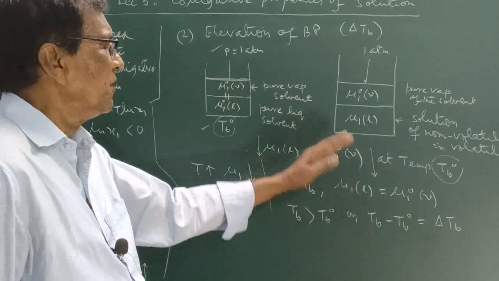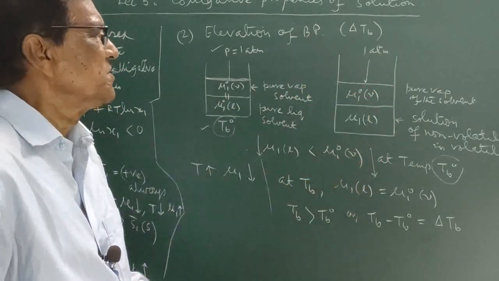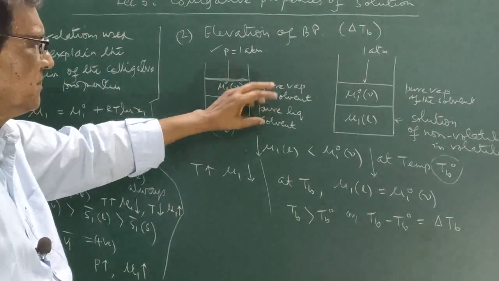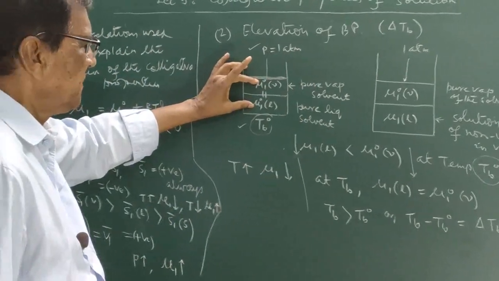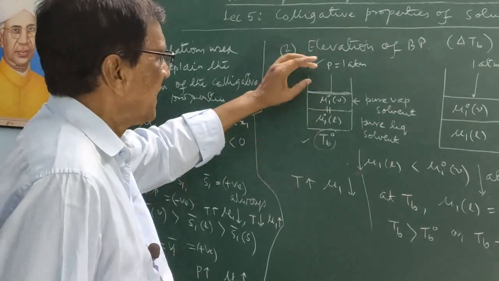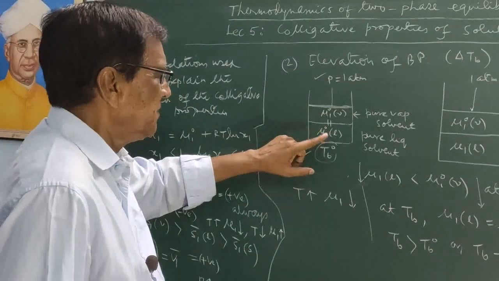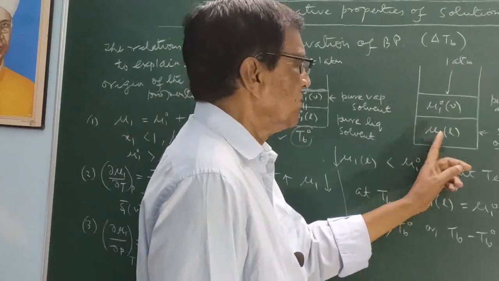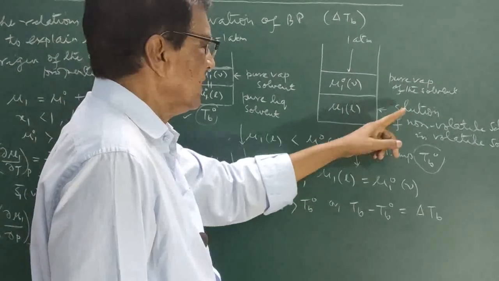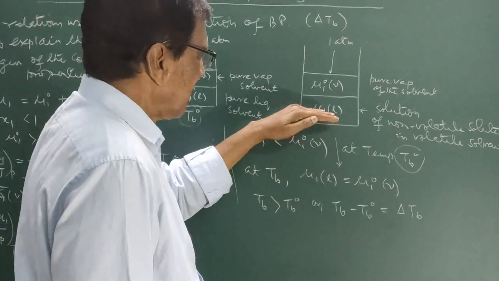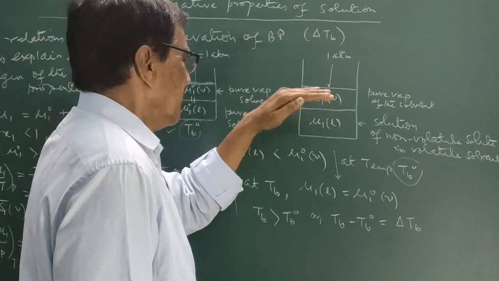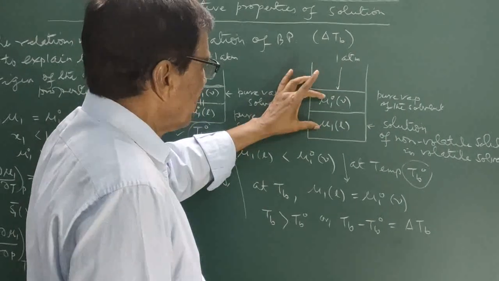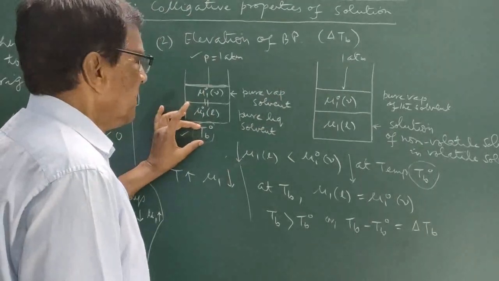So the elevation of boiling point of the solutions can be explained on the basis of the chemical potential. When the pure solvent is considered, these two are the same at this pressure of 1 atmosphere and temperature TB naught, and this is the normal boiling point. Whenever the solute is added to this solvent, it becomes a solution, and the chemical potential of the solvent in the solution is lowered, and these two are not the same at this temperature TB naught.